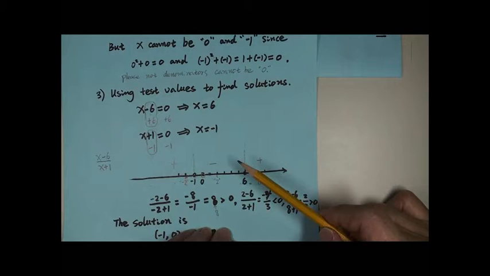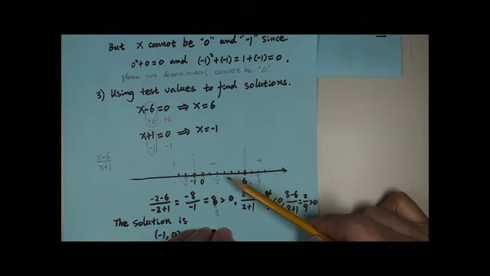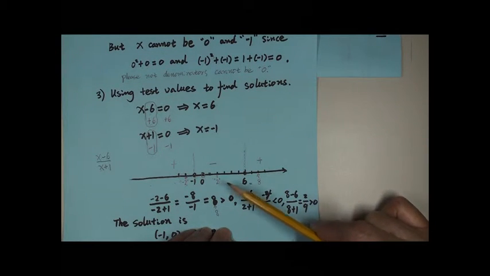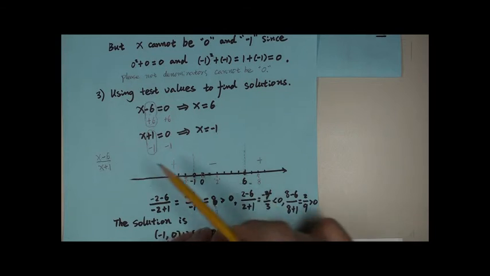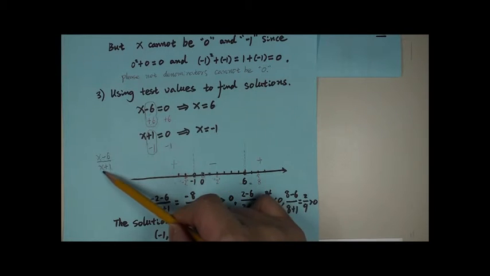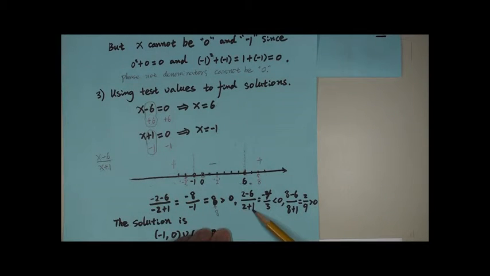I pick 2. 2 minus 6 gives you negative 4, and 2 plus 1 gives you 3. Negative 4 over 3 is negative, so here it is negative.